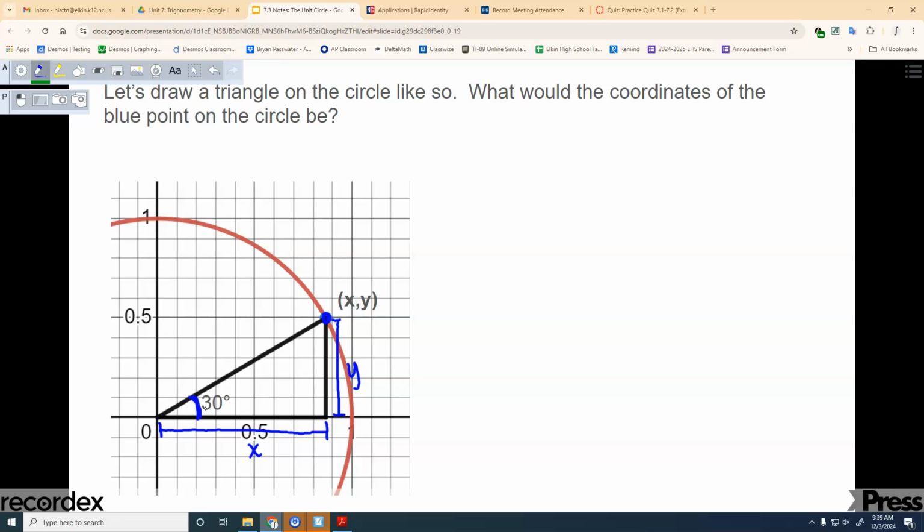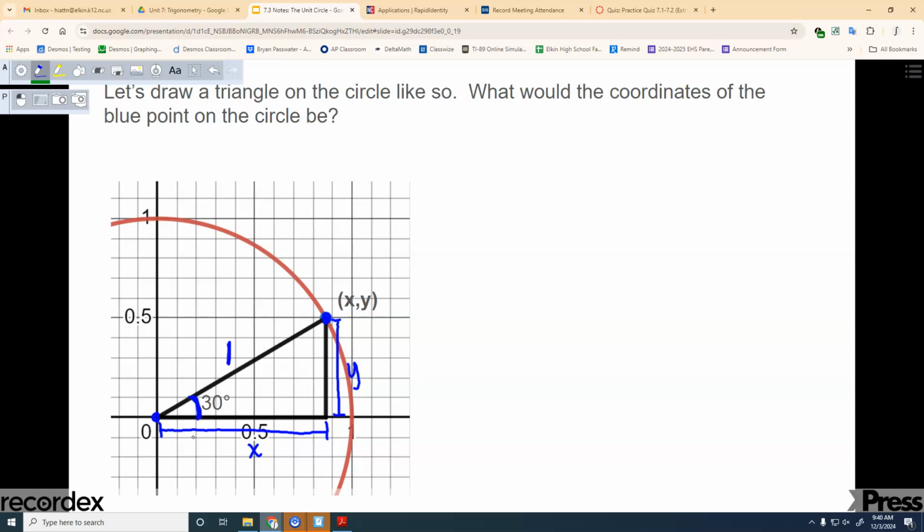Do I know any of the other sides of the triangle? That hypotenuse. Do I know that side of the triangle? It's not marked, but it goes from the center to the edge of the circle, which means it is a radius, right? What is the radius of the circle? 1.